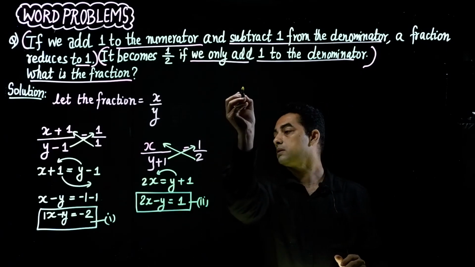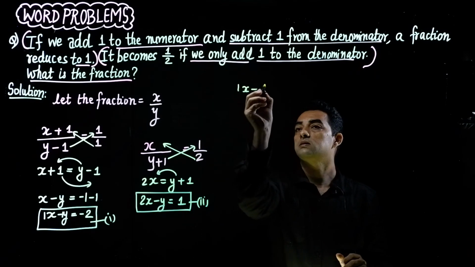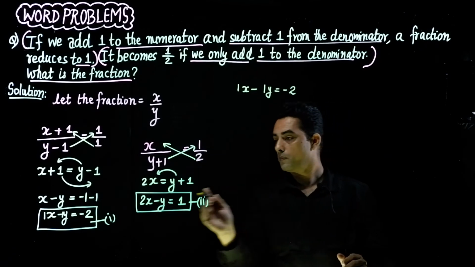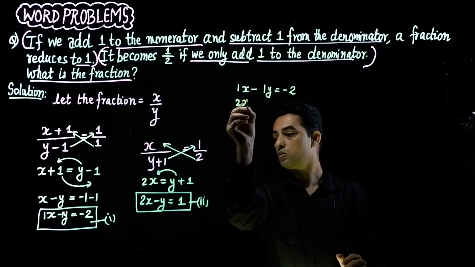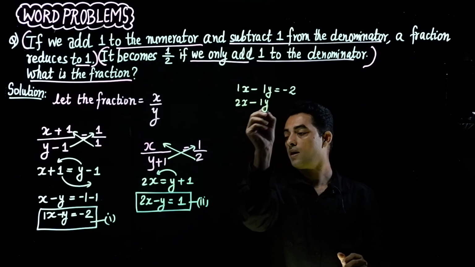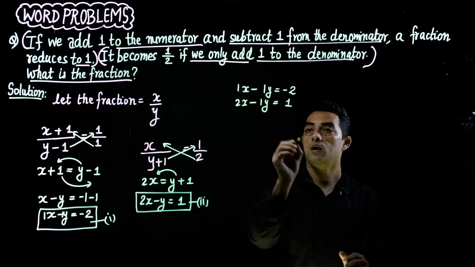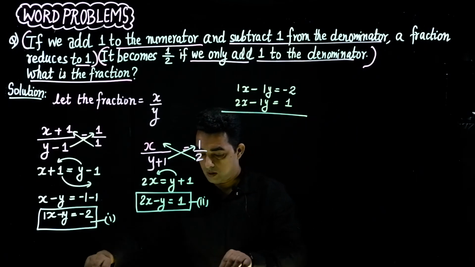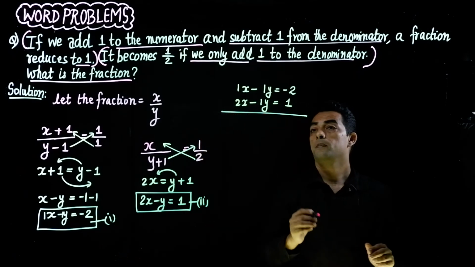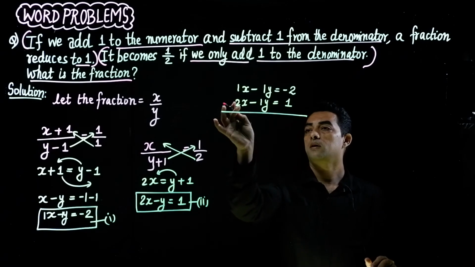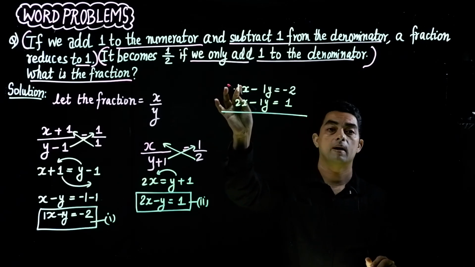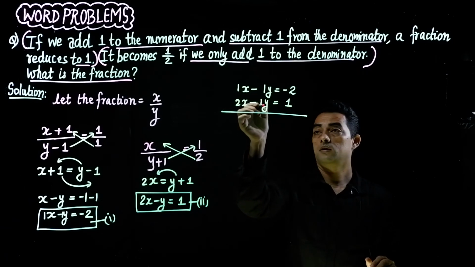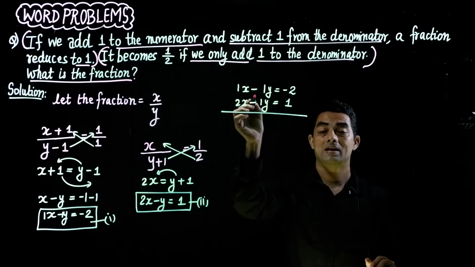Let's do it. 1x minus 1y is equal to minus 2. The next one is 2x minus 1y is equal to 1. We will solve it using the elimination method. We will not multiply anything by 2 here. See, the coefficients of y are already the same, negative 1 and negative 1, but the signs are not the same.